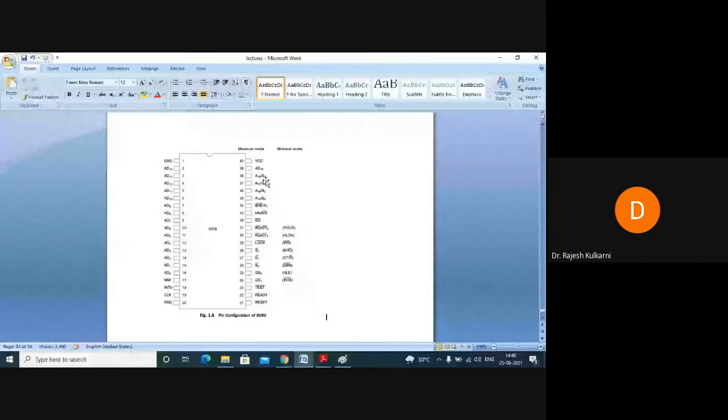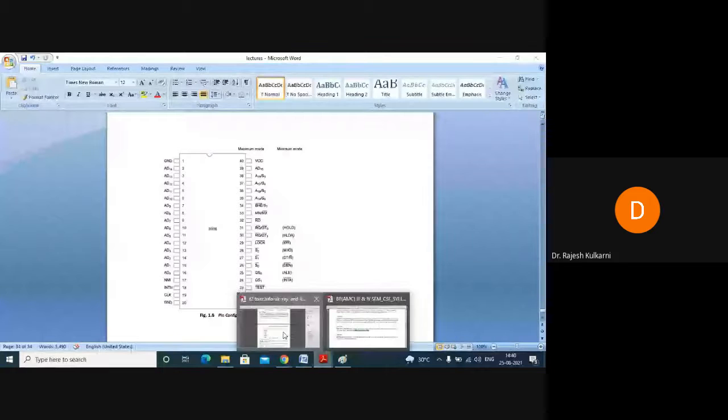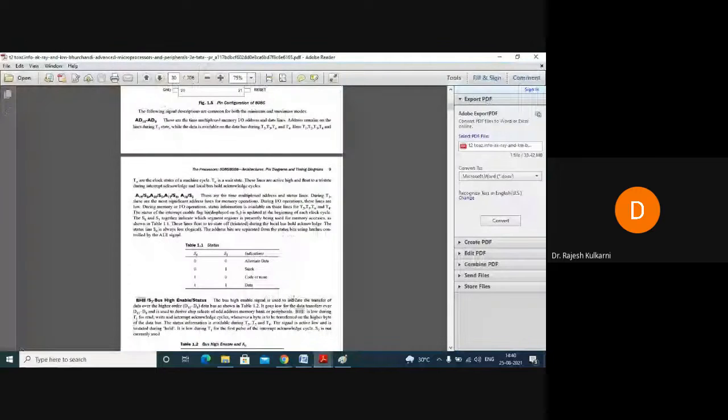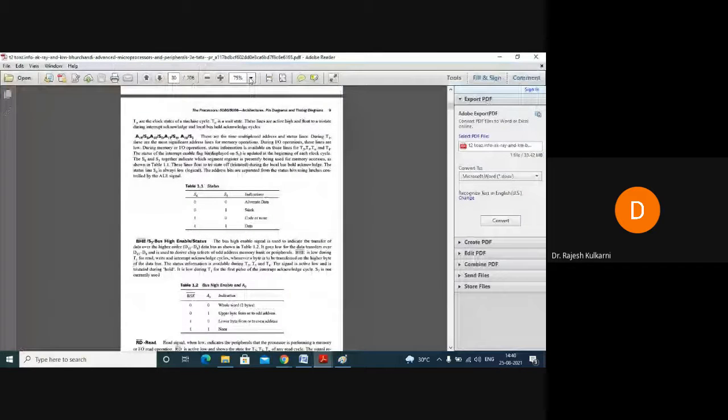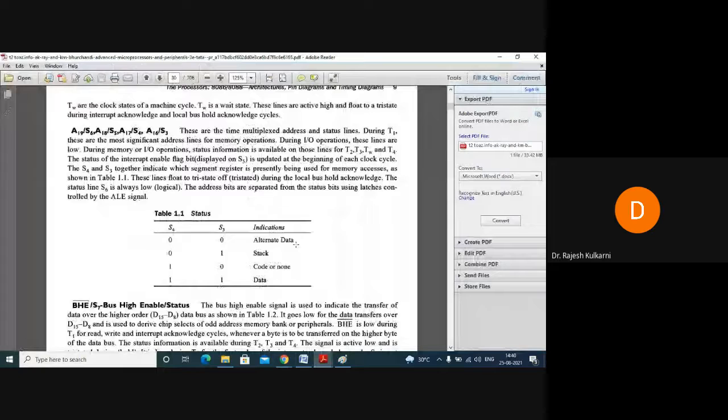Let me check in the book whether the diagram is there. I'll try to increase the font size. As you can see, S4 and S3 together will tell whether it is code or data, depending on the S4, S3 values, which will be 0 0, 0 1, 1 0, 1 1, like that.